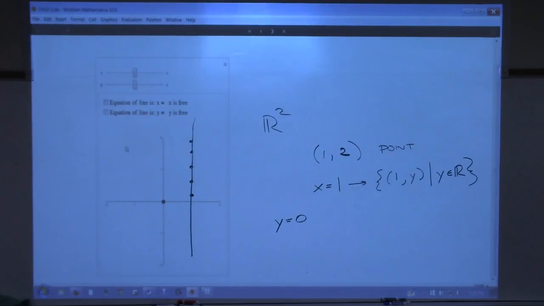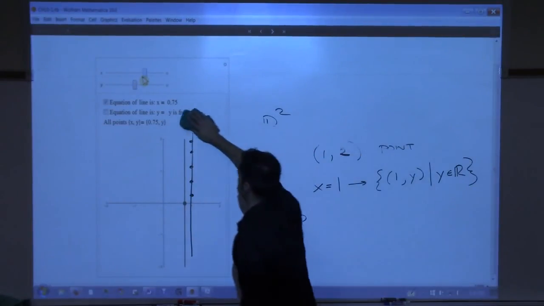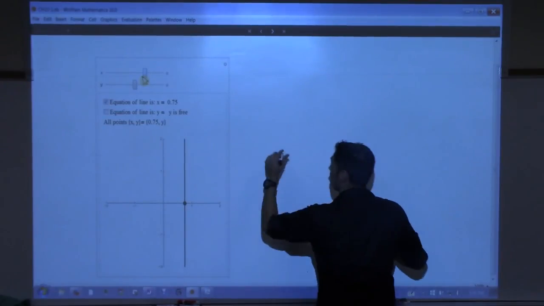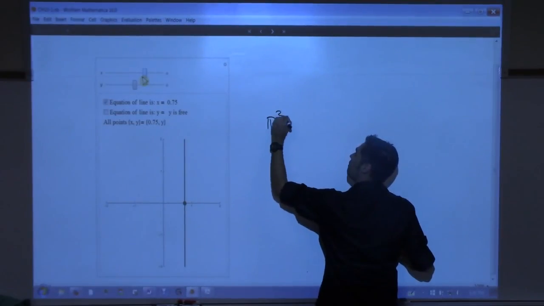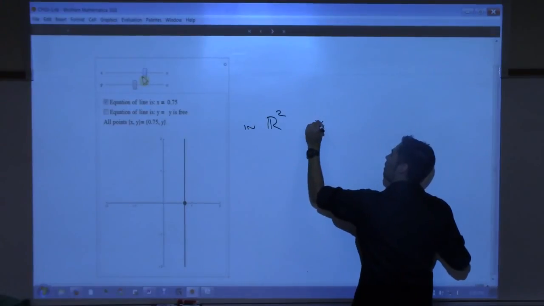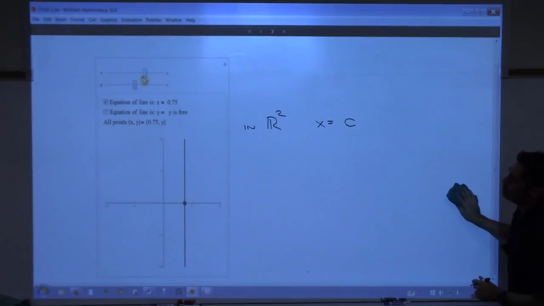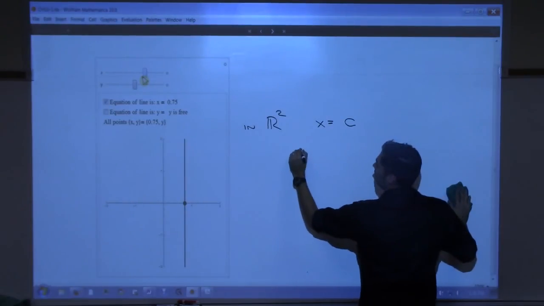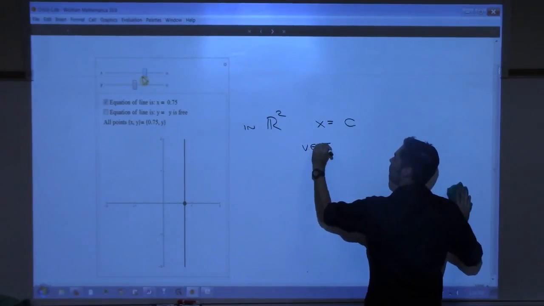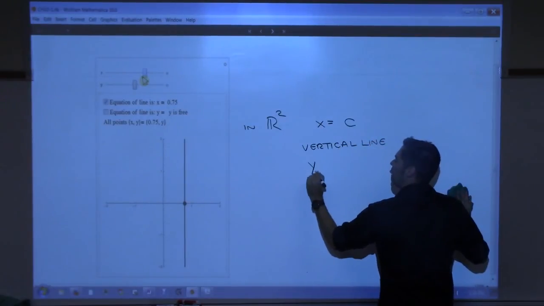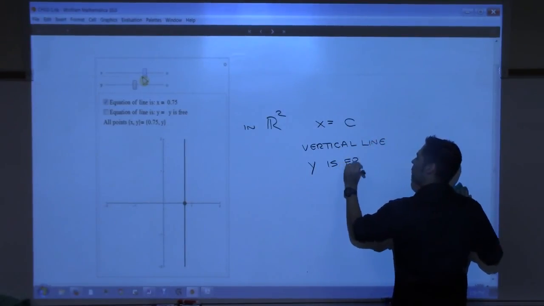So this is going back and showing you that same thing. If we write down in two-dimensional space, in R2, x equals a constant, I'm going to use c for constant, that is going to be a vertical line, and the y value is what we call free.